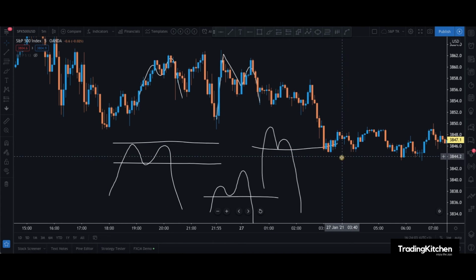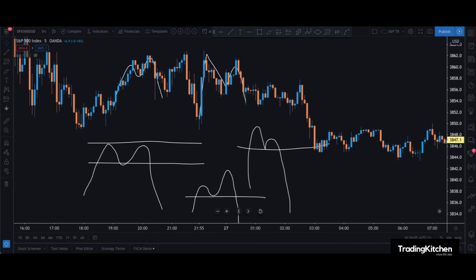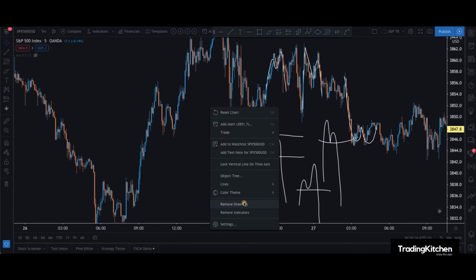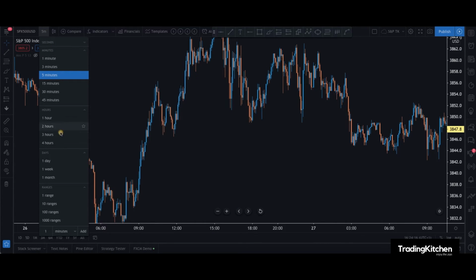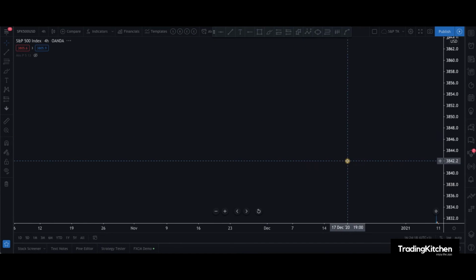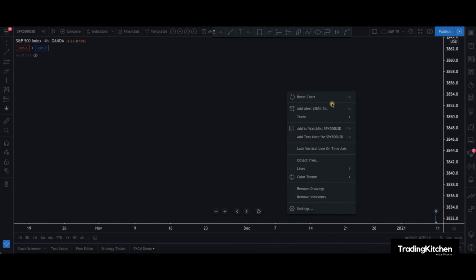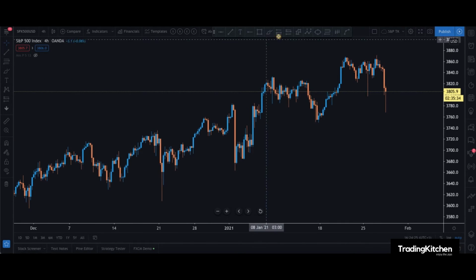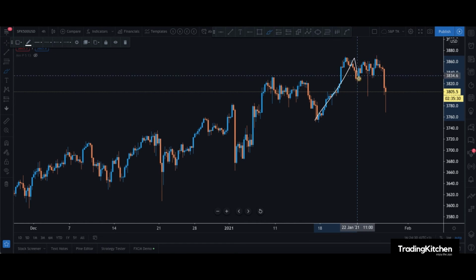Price always makes this kind of formation, and in higher time frames you can see how useful this kind of formation could be for our trading, like this one. Look, this as a formation.